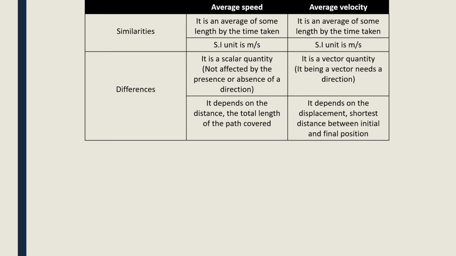Average speed is an average of some length by the time taken. Distance is a length, right? So an average of the distance by the time taken will give you the average speed. Similarly, it is the same for velocity. It is also an average of some length by the time taken.